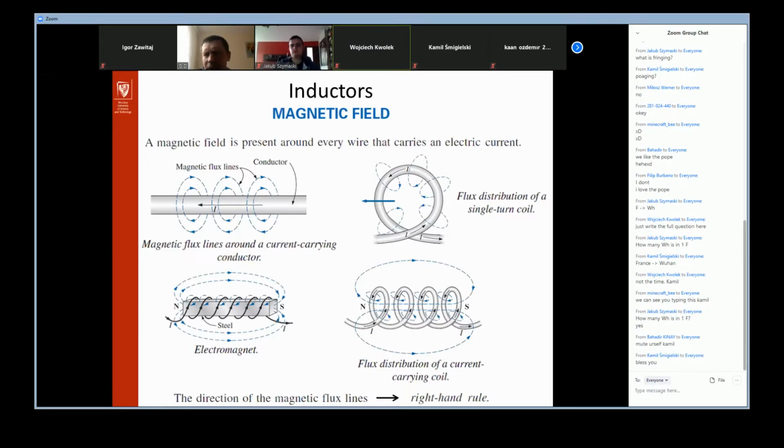I think you know this rule from your basic school. And what happens when we make a turn with the wire? How does the magnetic flux line look in this case? It looks like that.